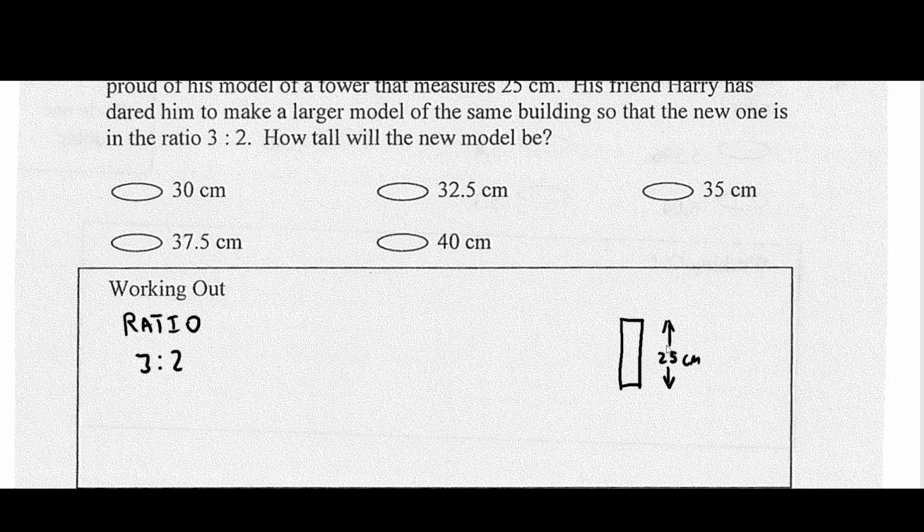The ratio 3:2. So, because he wants to make it bigger, we know the 2 is the part of the ratio it is now. So that's 2 units. All right, so 2 is equivalent to 25 centimeters.